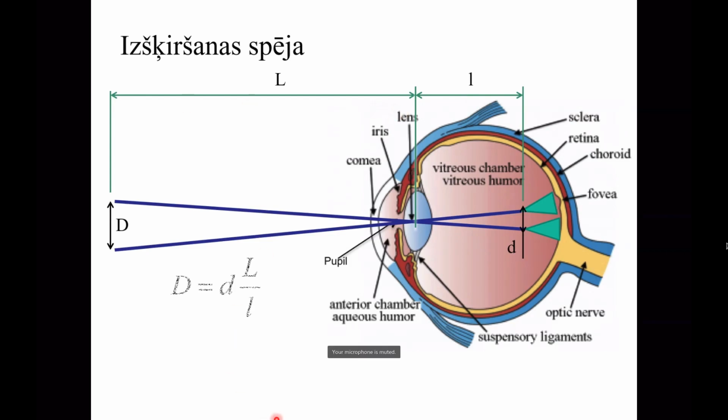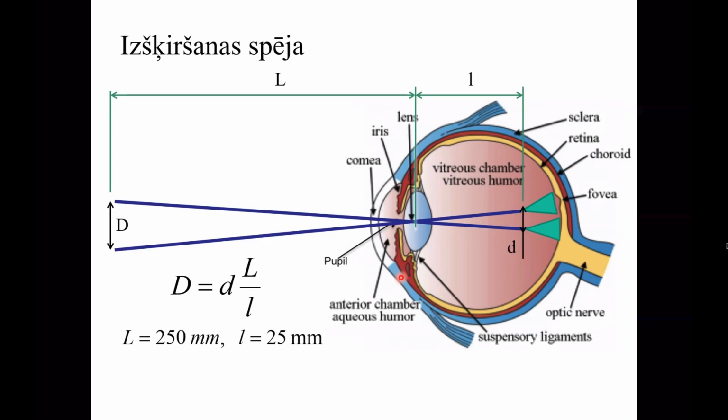So the size d that may be detected can be very easily calculated if we take D and multiply by the ratio of L small to L capital. This is from the simplest geometry.